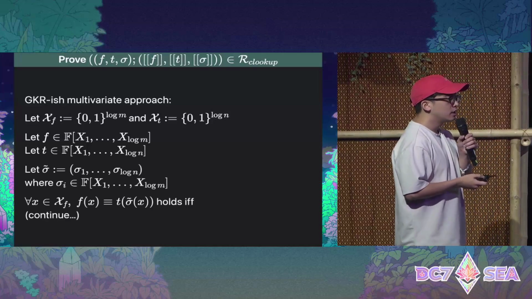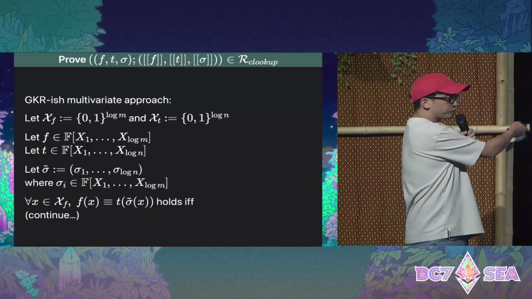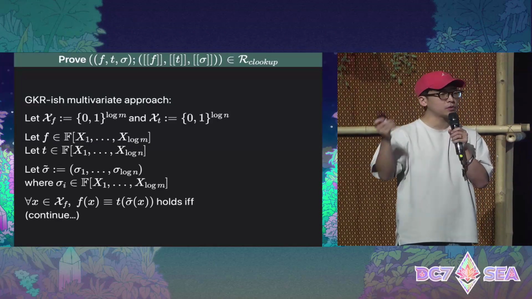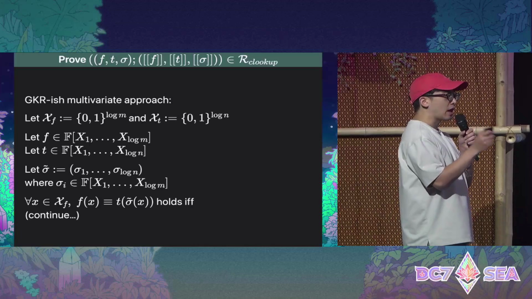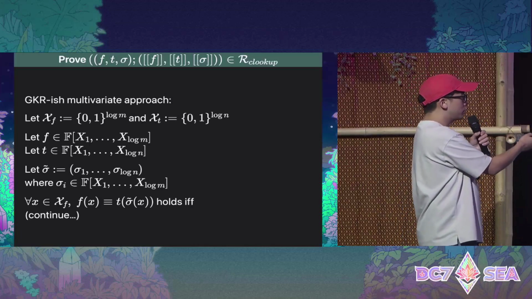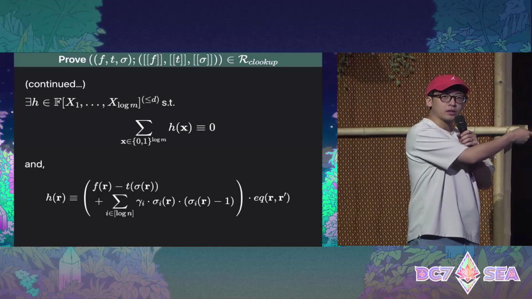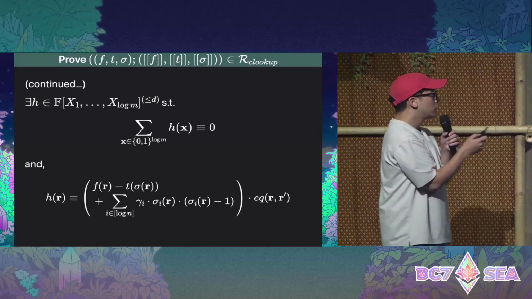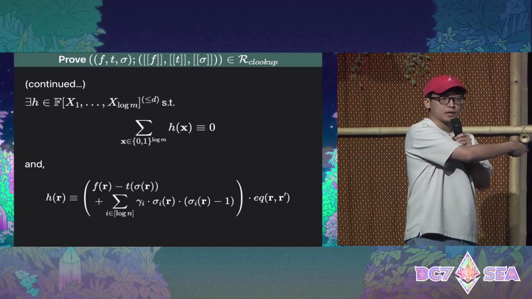Then, defining the domain transformation function sigma as a tuple of all the domain transformation functions, the relation that f of x always equals t of sigma of x holds true if and only if there exists an auxiliary polynomial h which satisfies a zero-check PIOP protocol.